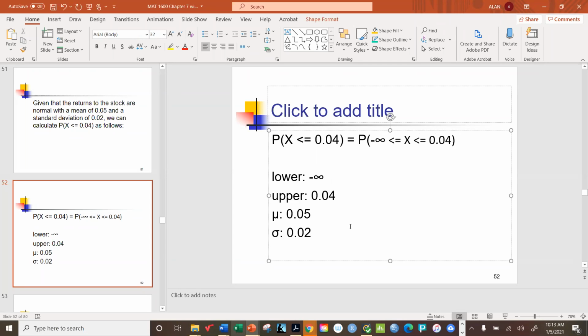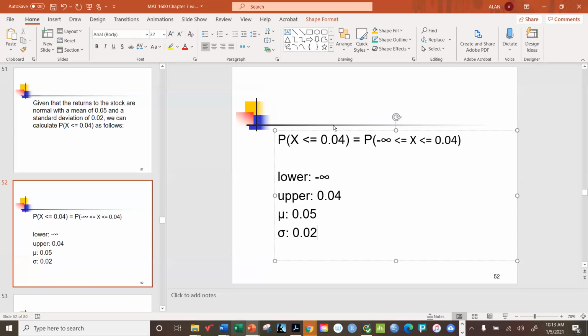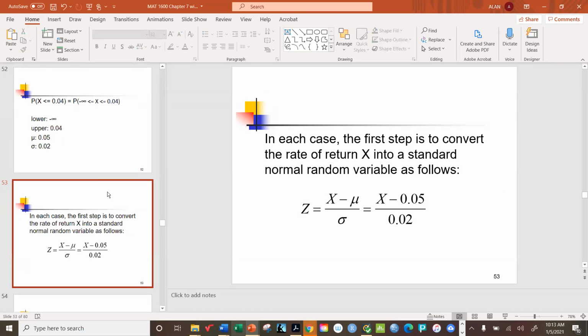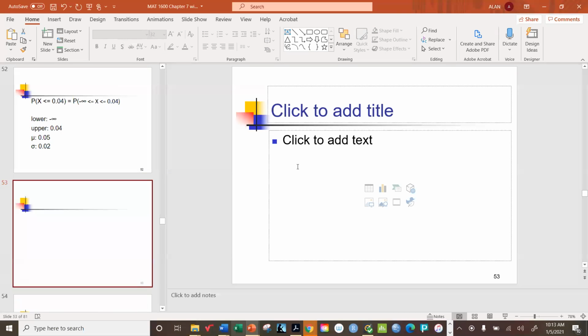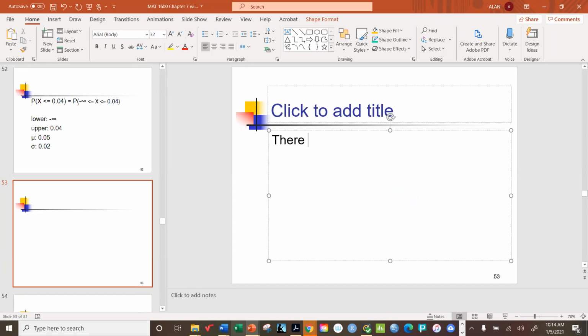Now, there's just one more issue we have to deal with here. What to do about this negative infinity? The calculator doesn't have an infinity button on it. So there's a workaround for that, though. What we have to do is use instead the smallest number that the calculator is capable of representing. There is no infinity button on the calculator.